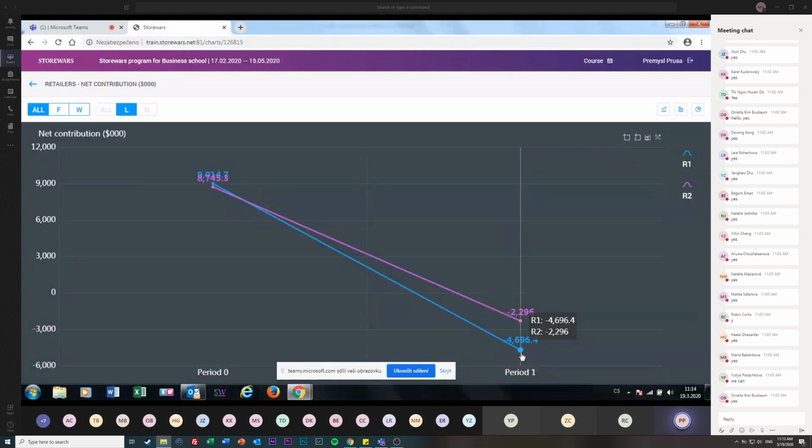So the only thing you should concentrate on is your margins. So either you need to increase the retail prices, or you need to push your suppliers on prices. You need to get discounts, and that's important for your next negotiations. Retailers need to negotiate discounts. That's my recommendation. Number 1, I would say.